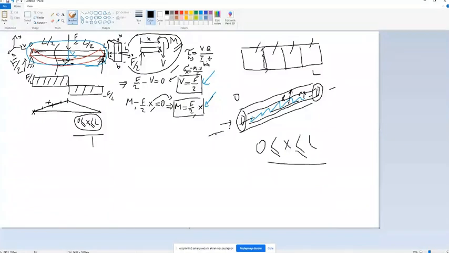Why am I dividing the element more? To get more precise results. If you need to get more precise results, you need to divide the structure with more elements. So this is the finite element method.